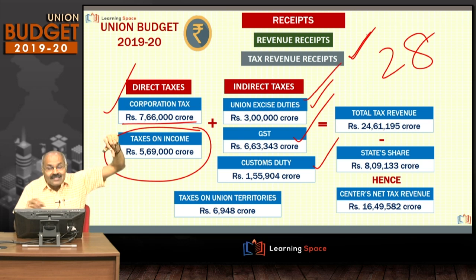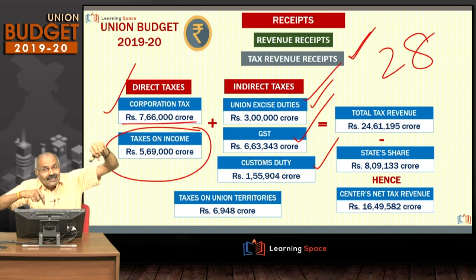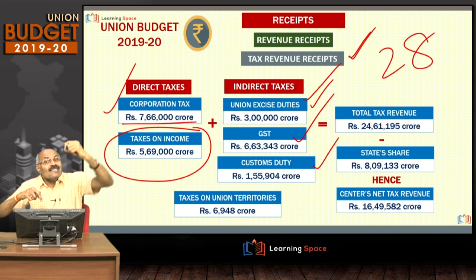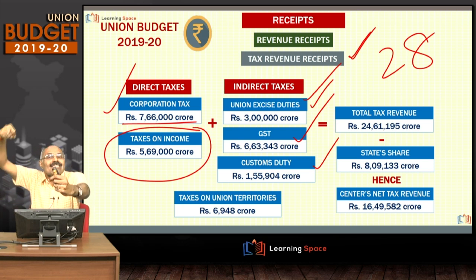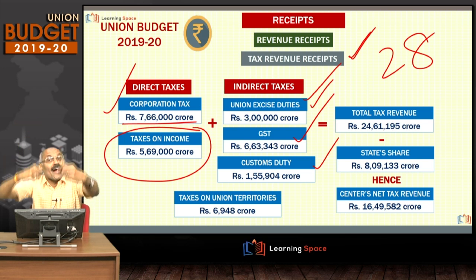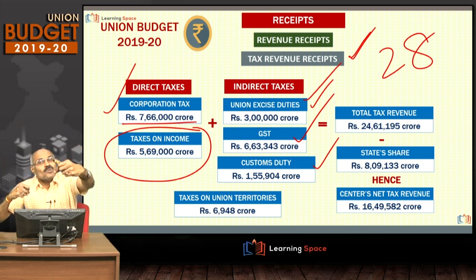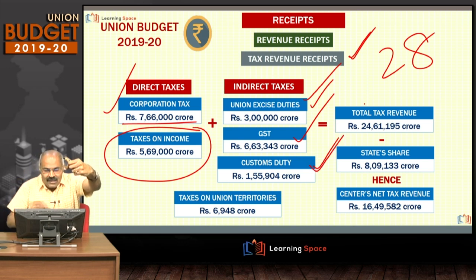So union excise duties are on those which are not brought under GST. Then what is customs duty? Basic customs duty is not subsumed under GST. Please remember, some of the special customs duties are subsumed under GST, but basic customs duty is not subsumed under GST. So therefore, customs duty is there.